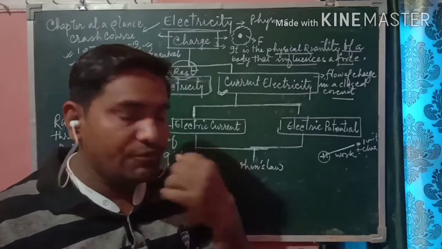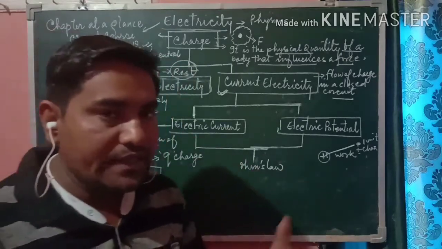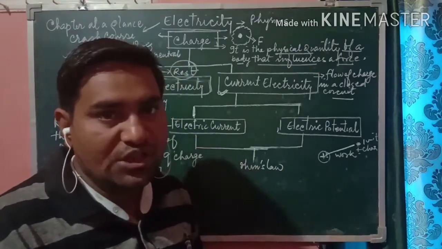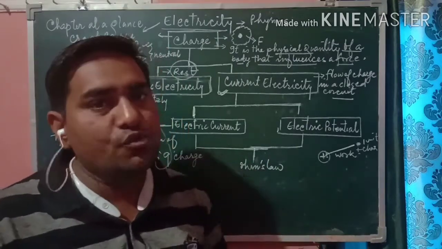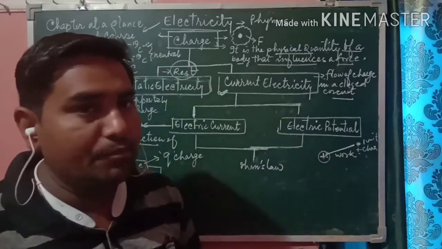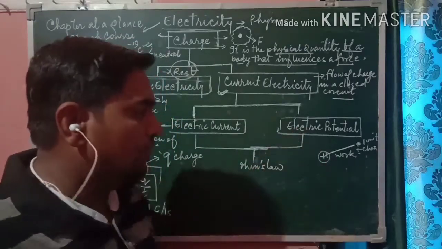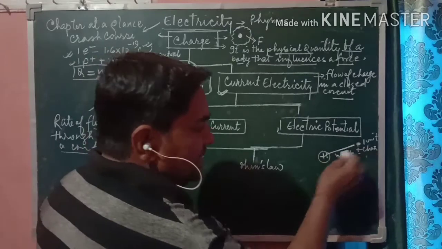Actually, in chemistry also you have read about potential energy, the energy due to position, shape or height, all this type of energy stored in a body. So simply here also, what is electric potential?